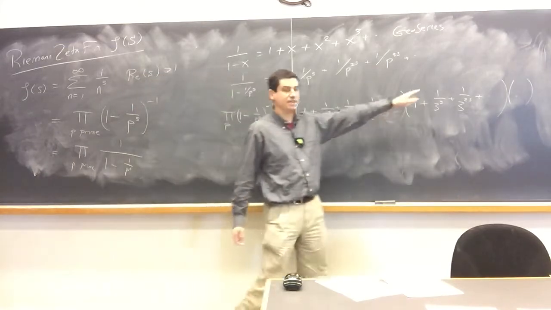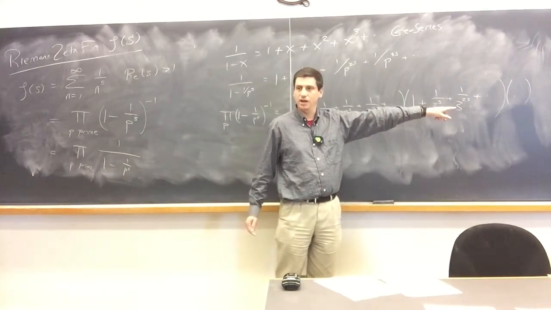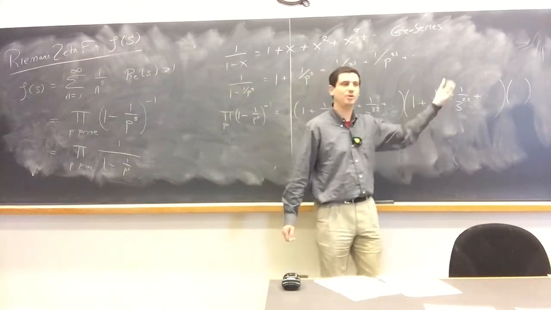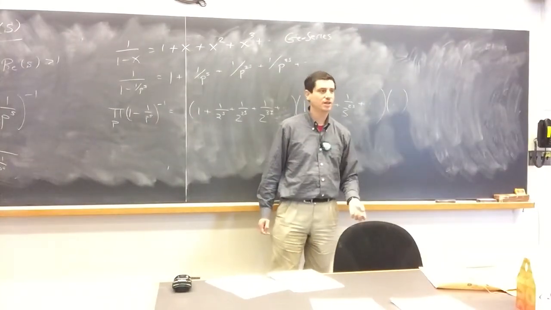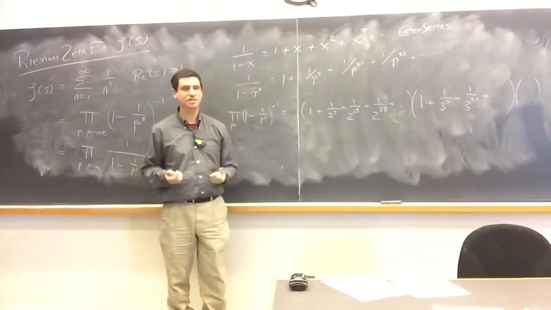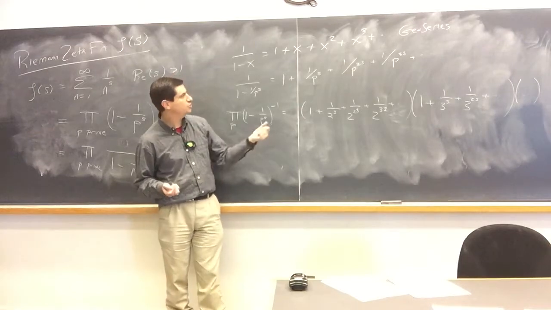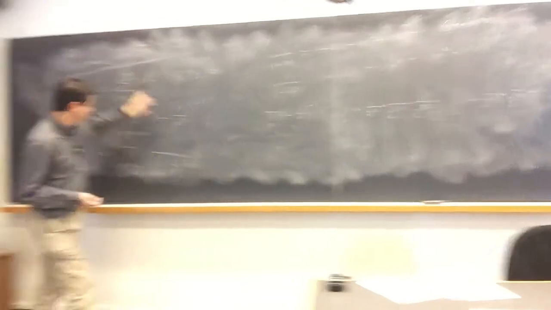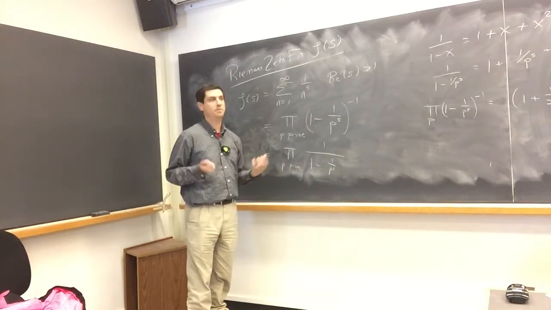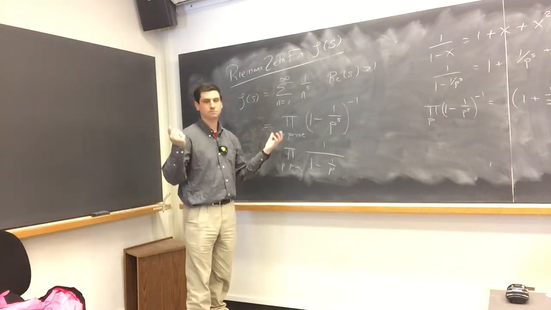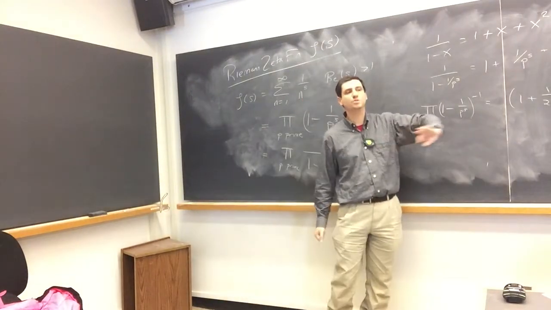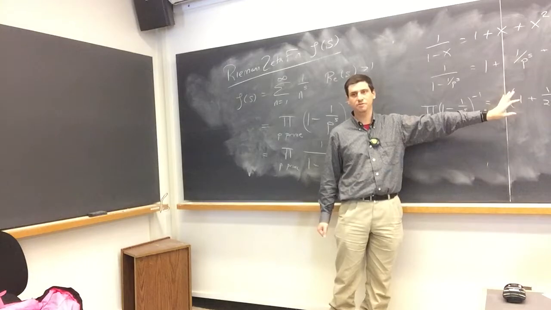When I multiply everything out, I will get things of the form 1 over 2 to a power times 1 over 3 to a power times 1 over 5 to a power. By unique factorization, that's the same as 1 over n to the s. So everything in here is here, and everything in here is here. These two are the same, and because they're the same, they're equal. You have to do a little bit of work on convergence, but this is just the broad brushstrokes.